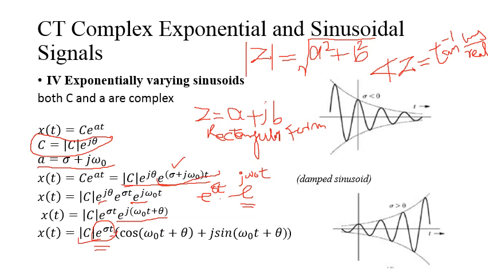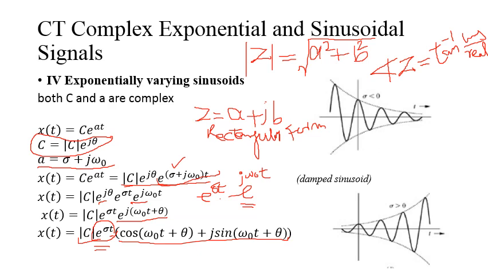So when t is increasing, this is an exponentially growing signal, and this is your sinusoidal term, right? So the resulting signal will be the sinusoidal multiplied by the exponentially growing signal, right? So you understand how we are going to plot this signal, right?